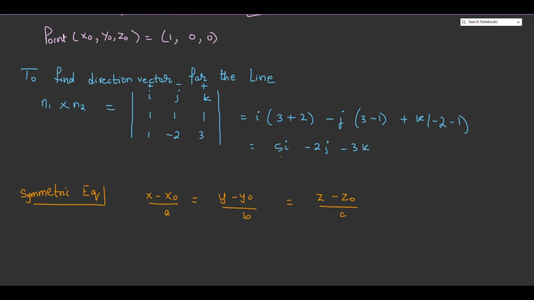And a, b, c are the components of the cross product n1 cross n2, so a equals 5, b equals minus 2, and c equals minus 3. We substitute these values in this equation. We get (x minus 1) over 5, y0 is 0, so we get y over minus 2, and z divided by minus 3. So this is the symmetric equation of the line.